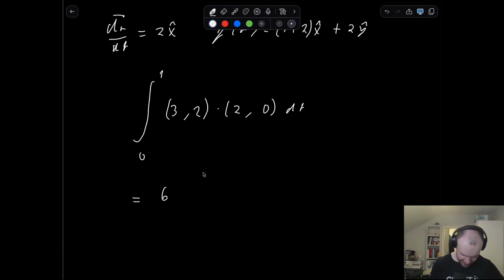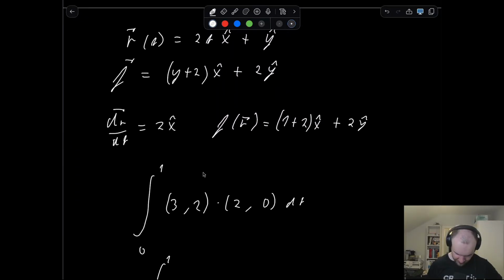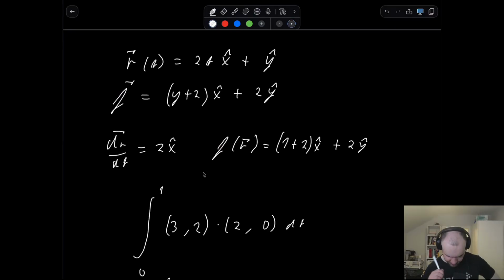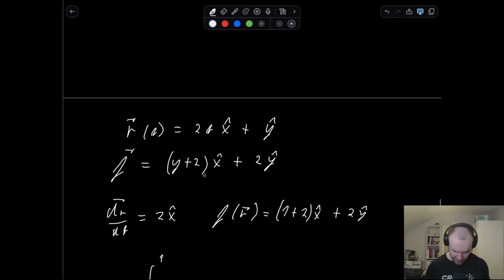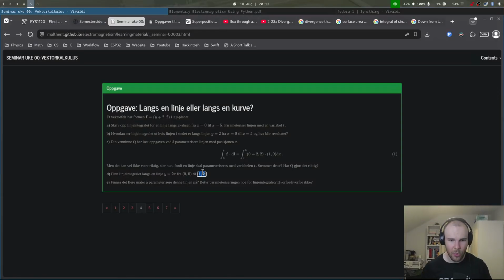Now I get integrating 6. 2 times 0, that's just 0. And I integrate from 0 to 1 here, I just get t. That's not correct. 3 times 2 is 6. That shouldn't be 0 on my r of t there. Is my parameterization correct? 2t? Is there something I missed here?